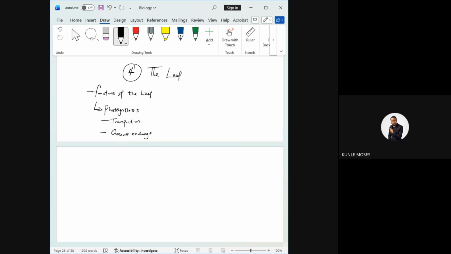It simply means without the leaf, you can never trap sunlight because there's a pigment called chlorophyll that helps in trapping the sunlight. Any plant that does not have a leaf can never photosynthesize. Do you get what I'm trying to say? So that is the function of the leaf in photosynthesis.